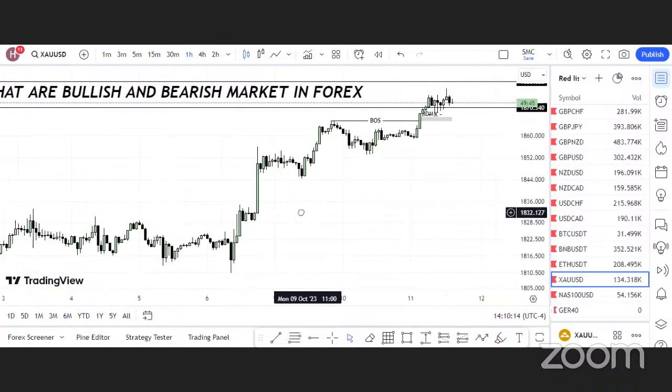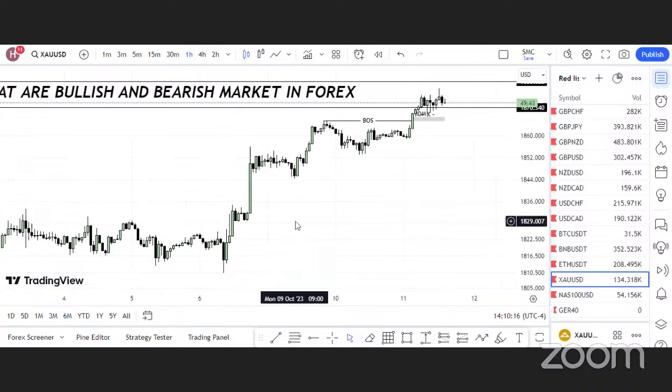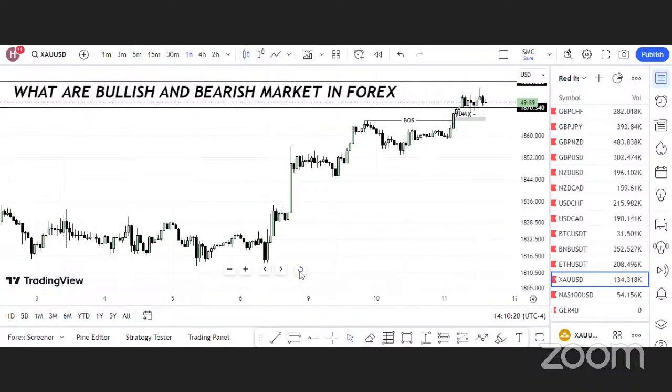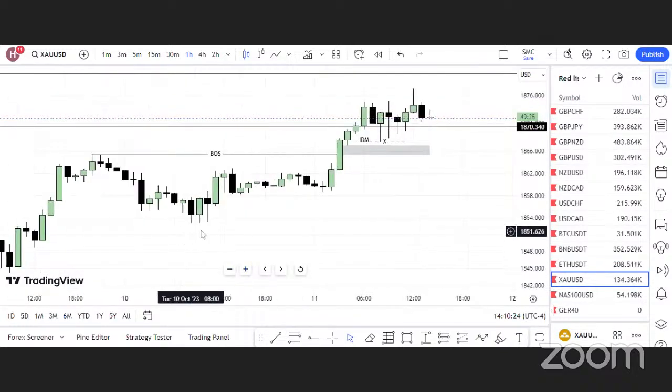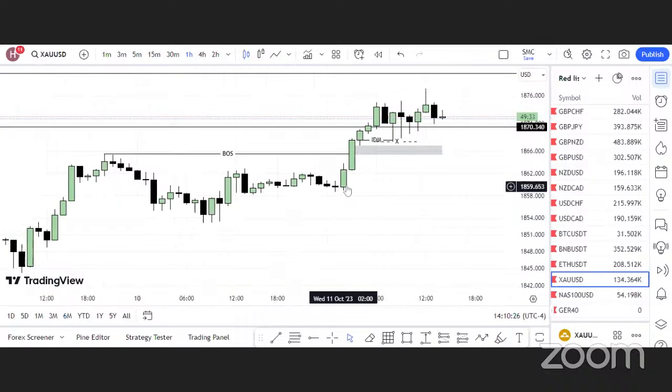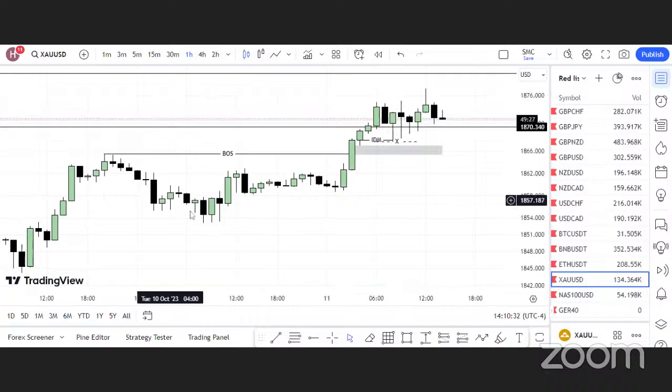Now on the Japanese candlestick chart pattern, there's a way to tell if the market is bullish or if the market is bearish. Okay, so the green are the bullish candles. When the market is going up, then it is going bullish. But when the market is coming down, then it is bearish. Okay. So I customized this color.